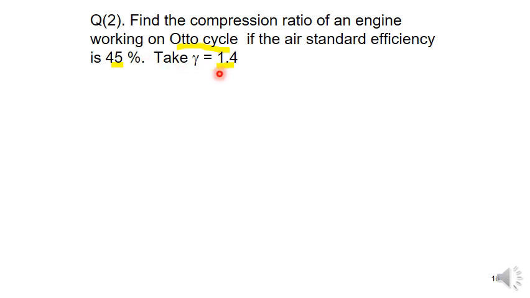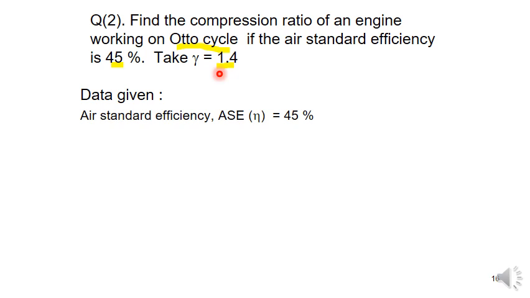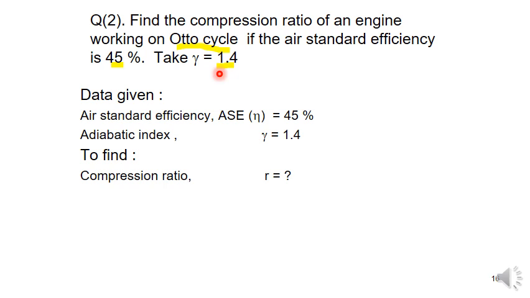So first write the given data. The air standard efficiency is 45 percent, which is 0.45, and gamma is 1.4. We know that the air standard efficiency of the Otto cycle is 1 minus 1 divided by R power gamma minus 1. So R is equal to question mark. We don't know R, we have to find the R value.